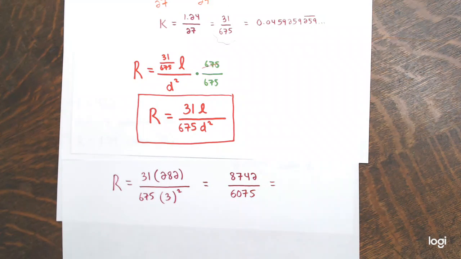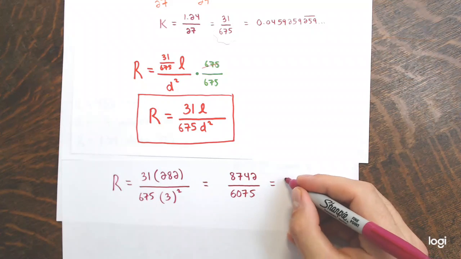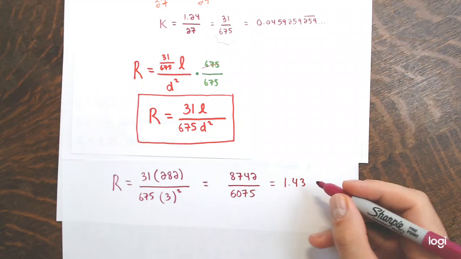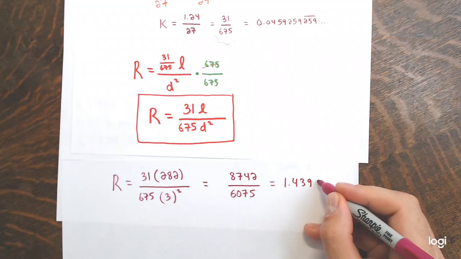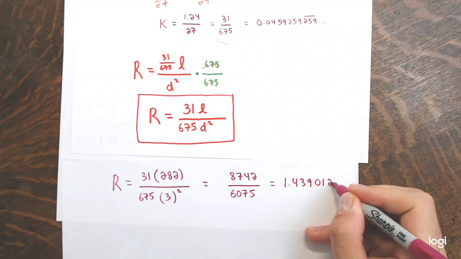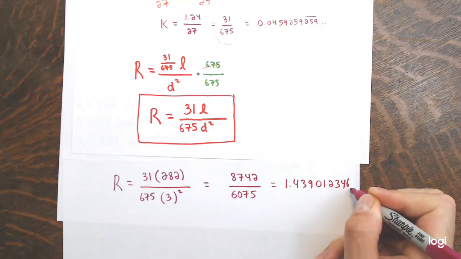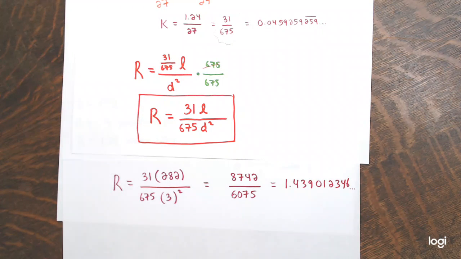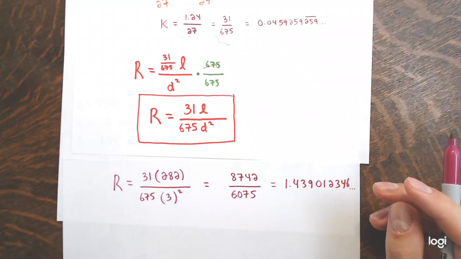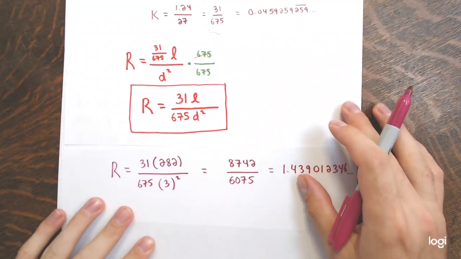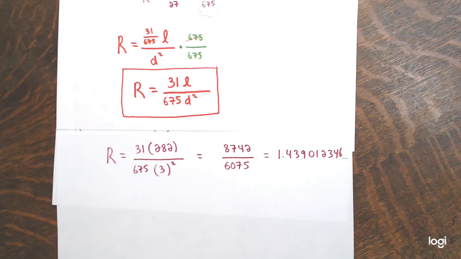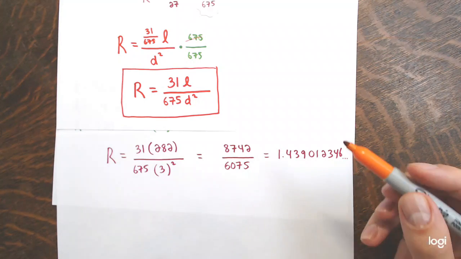All right, and I'll divide these. 8,742 divided by 6,075, and it's giving me 1.43901234 and that would go on forever. It's going to repeat at some point because this is a rational number, integer over integer. But we're asked to round to 2 decimal places. So remember what that means, the nearest hundredth.